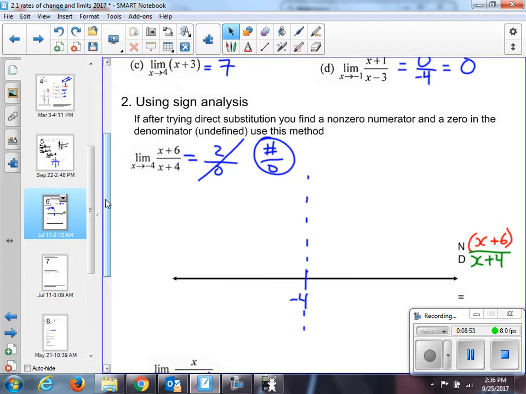So if you put -4.1, just something slightly bigger, it's going to be positive or negative. That's all I worry about. Still going to be positive, right? The numerator is going to be positive. So I'm going to just put -4 plus 6, like -4.1 plus 6, it's still positive. And the denominator, -4.1 plus 4, that's going to be negative, right? You guys follow me?